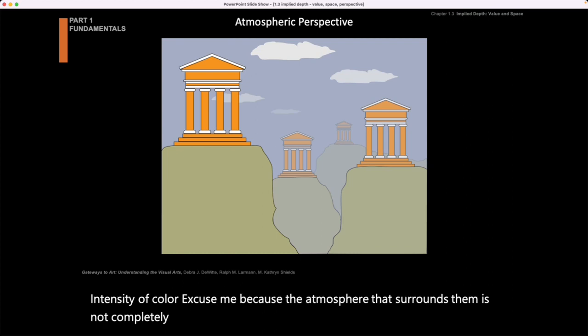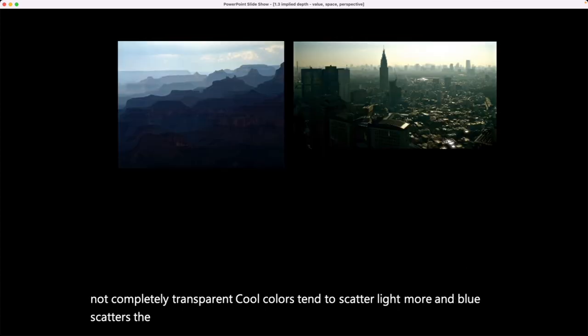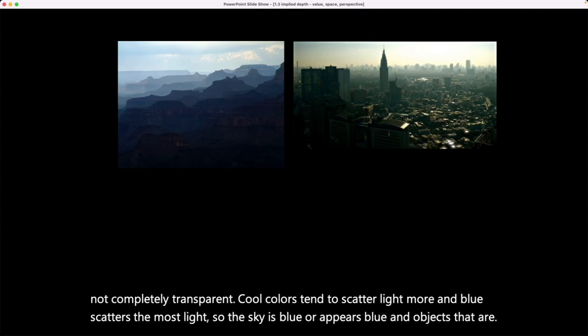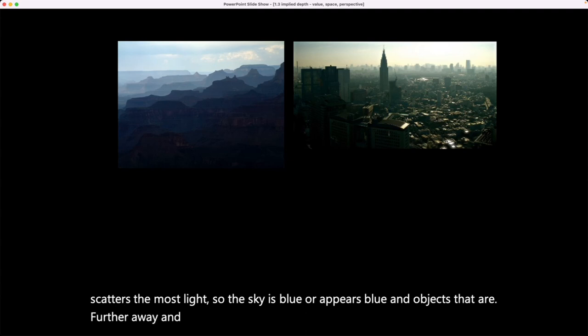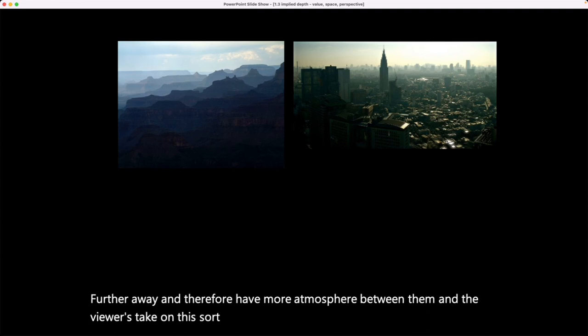Cool colors tend to scatter light more, and blue scatters the most light. So the sky is blue or appears blue, and objects that are further away and therefore have more atmosphere between them and the viewer take on this sort of bluish tint.